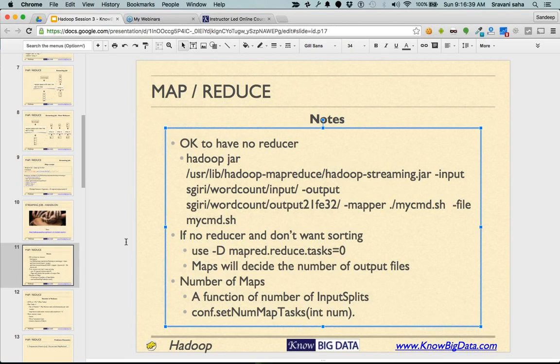So it's a function of the number of input splits. Based on how many splits there are, maps are decided automatically. Right now, since we are processing only a file of 6 MB, it's not doing much. But if you really want to change the number of maps, you can change it by setting the number of maps. All right.